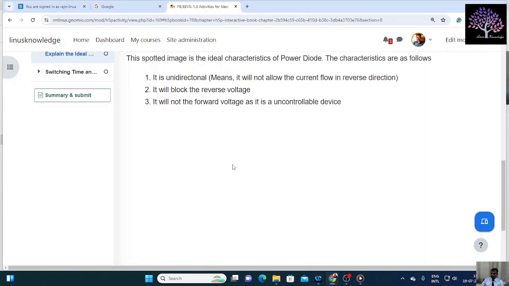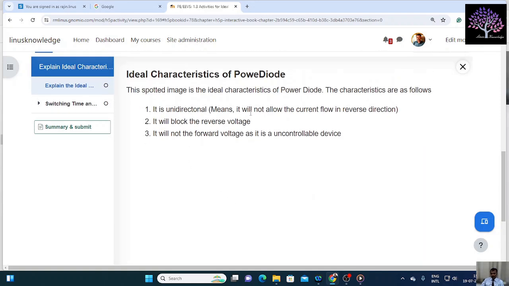If you click this, you can see the same thing. It is unidirectional. It will block the reverse voltage only. It will not block the forward voltage. It is also an uncontrollable device. This power diode does not have any control over there. That's why we cannot block the forward voltage.